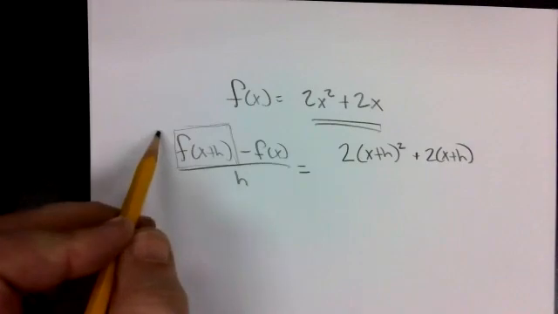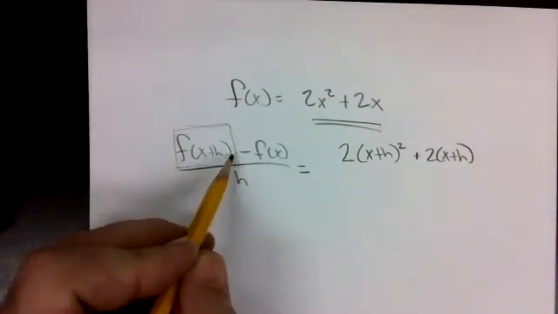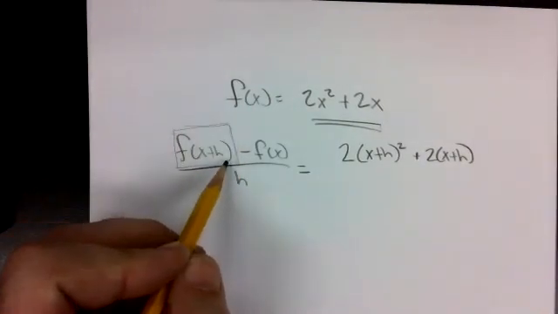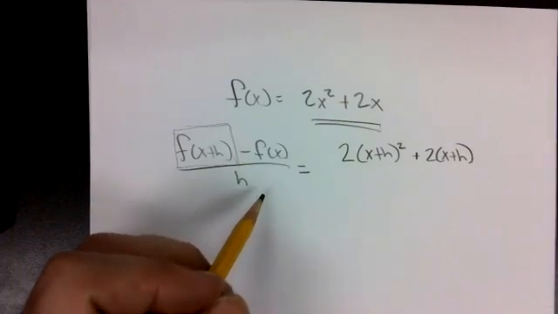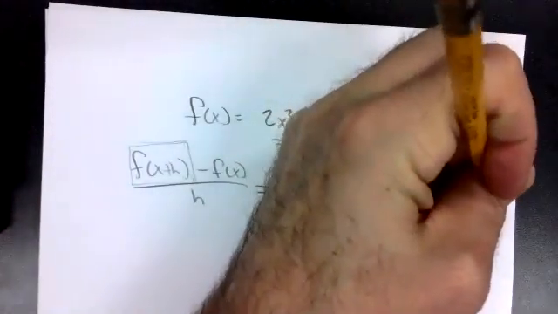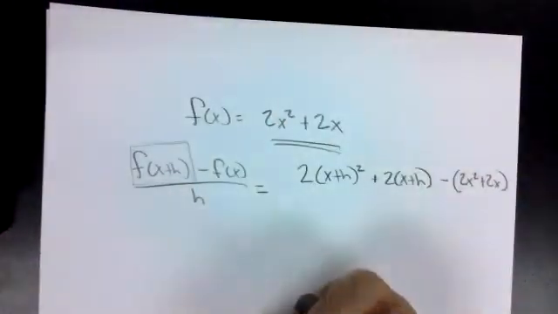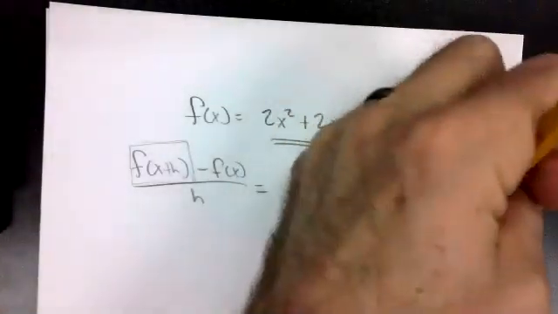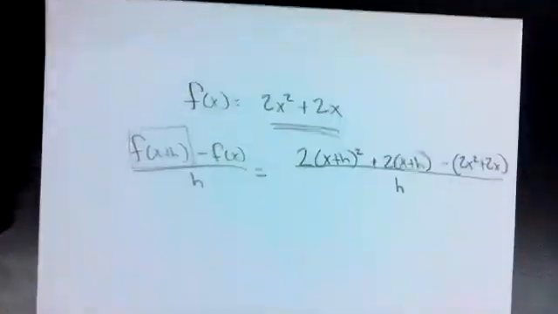So again, that's just this f of x plus h part. And then we're going to subtract f of x, and that's all going to be over h.